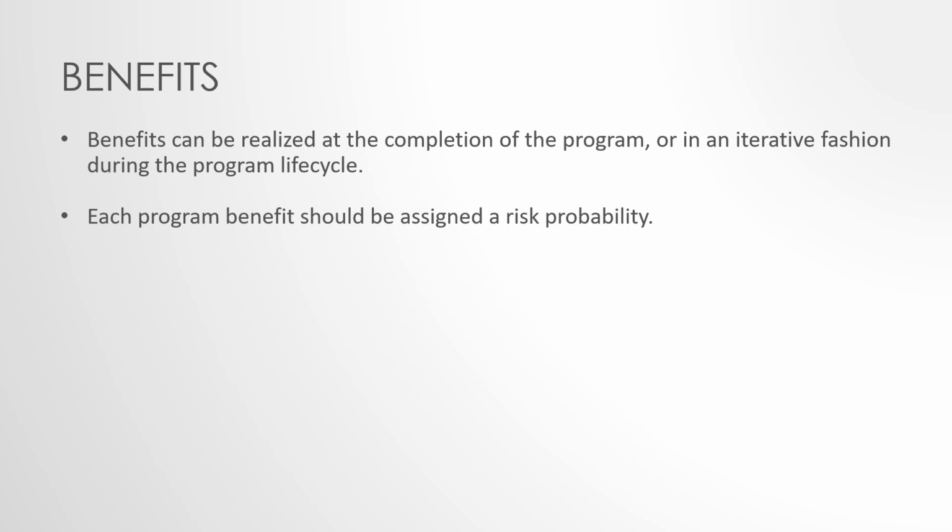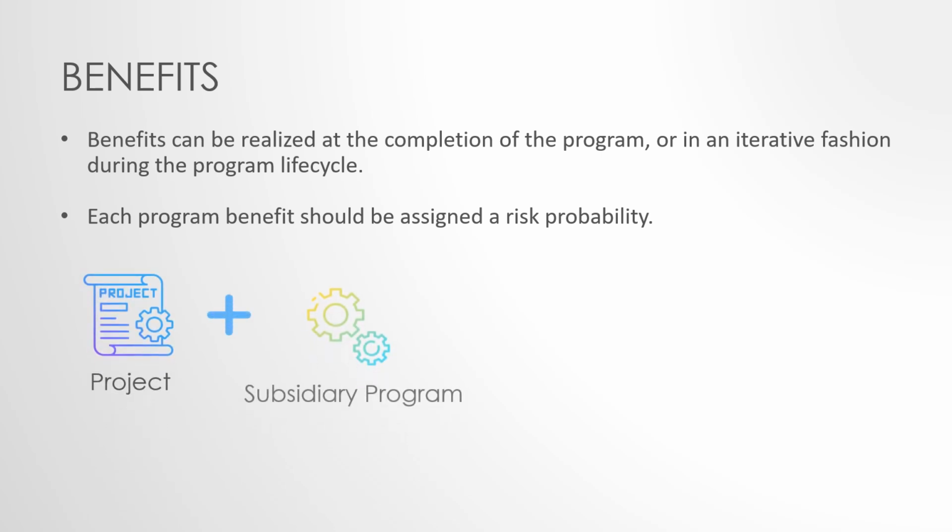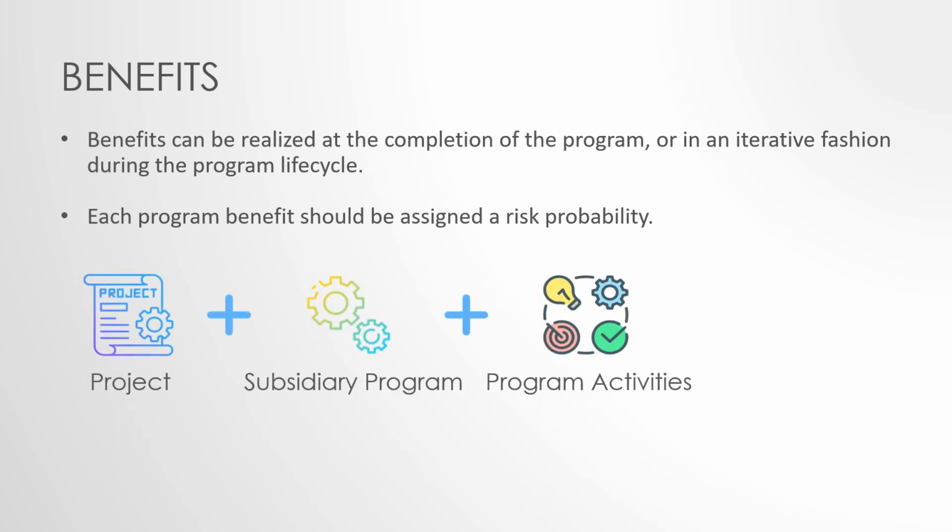Therefore, some organizations can establish a risk structure for the benefits realization. This structure is based on the organization's risk appetite and the strategic value of the program at hand. To make things more specific, each benefit can have a risk probability. You remember when we mentioned that programs consist of projects, subsidiary programs, and program activities?